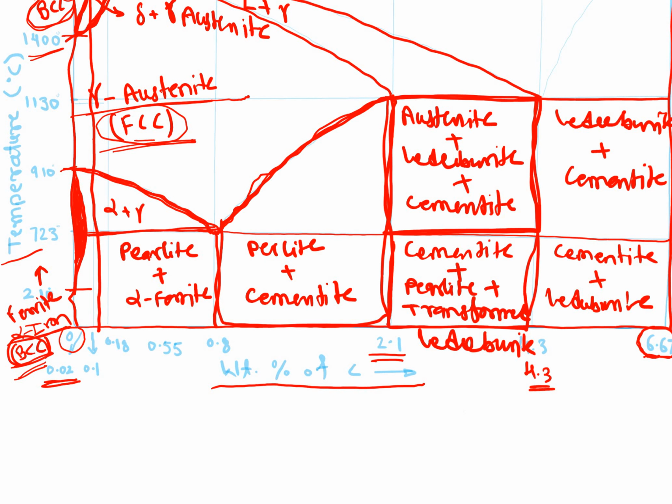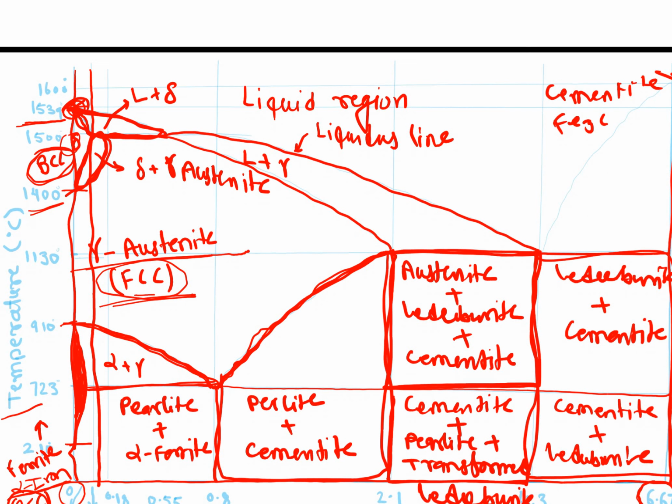Actually, this whole complete region has a single composition, and if you are naming this region, because this side is liquid and this side is the cementite region, this will be liquid plus cementite.